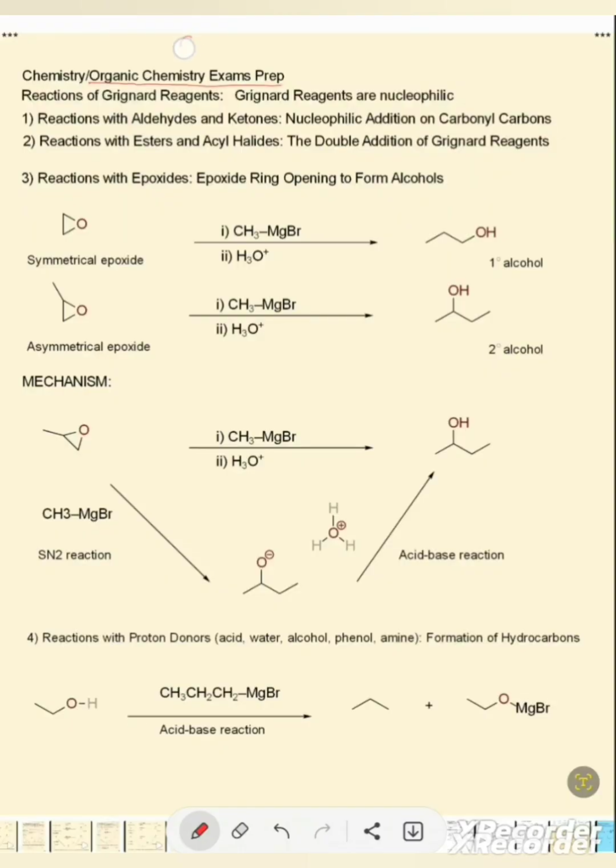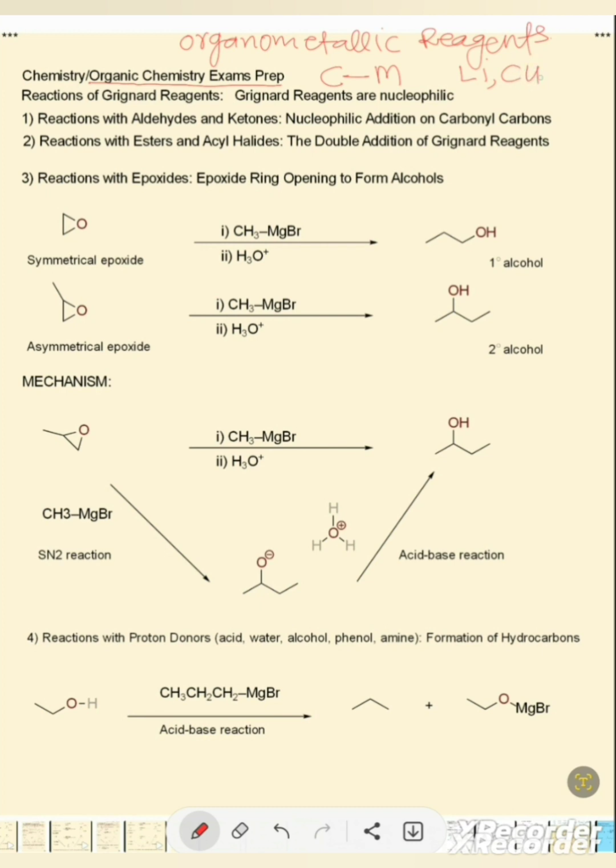Currently, we are discussing the organometallic reagents. Organometallic reagents have a carbon metal bond. The metal here could be lithium in case of organolithium compounds.